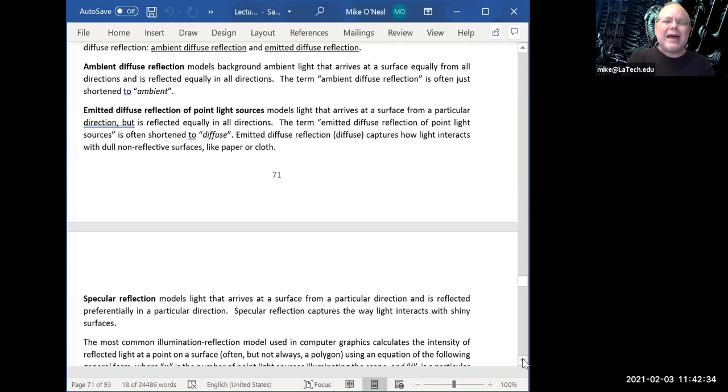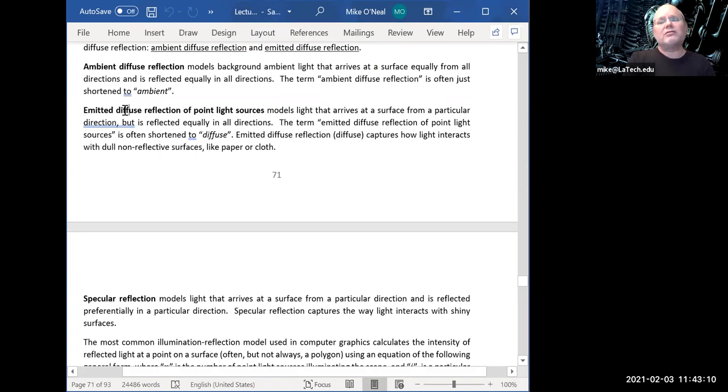So in the standard lighting model that everybody uses, we have three different types of reflections. We have what's called ambient reflection, or more formally, ambient diffuse reflection. We have emitted diffuse reflection of point light sources, which oftentimes we just call diffuse. Now you might say, wait a second, Mike, this is ambient diffuse and this is emitted diffuse.